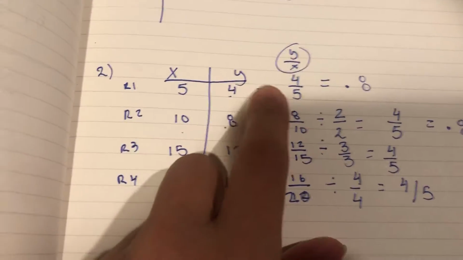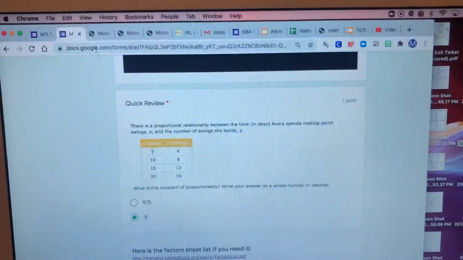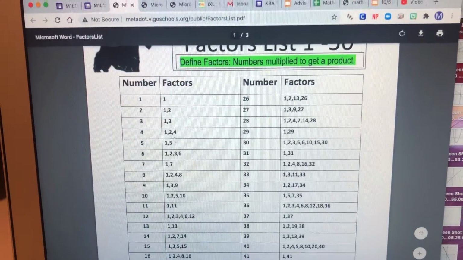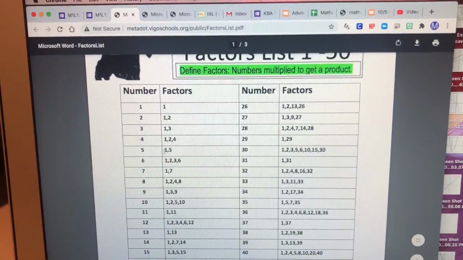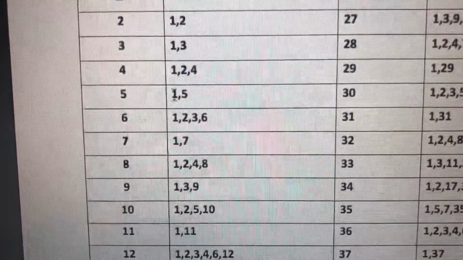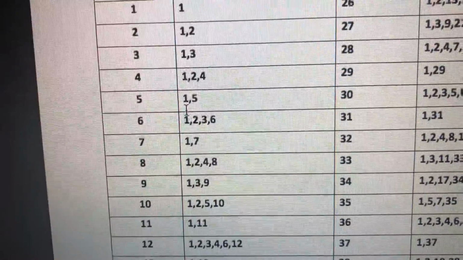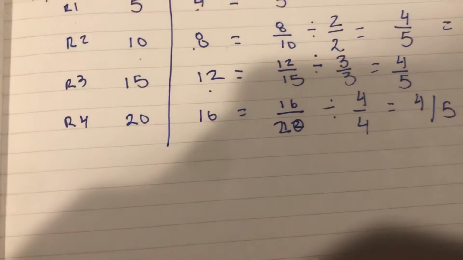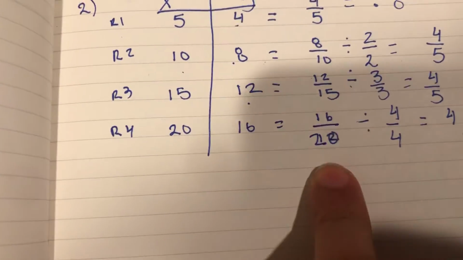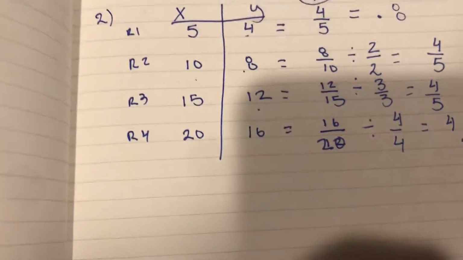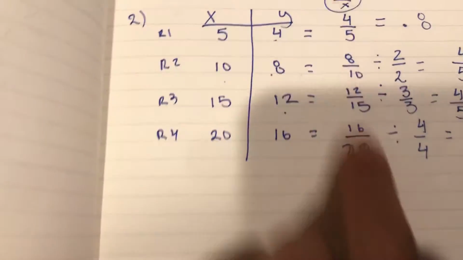So for example, 4/5, I can't simplify it, because if I look at the factor sheet list, the greatest common factor between 4 and 5 is just 1. If you could tell here, it's literally the only number they have in common is 1, which means I can't simplify that. So if I were to simplify each one, 8 over 10, 12 over 15, 16 over 20, all of them give me 4/5, which means the constant is 4/5.